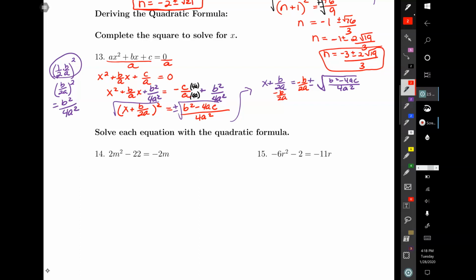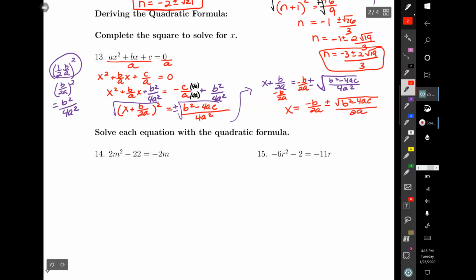So now we can simplify everything, and we end up with x equals minus b over 2a plus or minus, now the square root of this big thing here, b squared minus 4ac, that needs to stay in the numerator, but the denominator, I can take the square root of that 4a squared, and I end up with 2a.